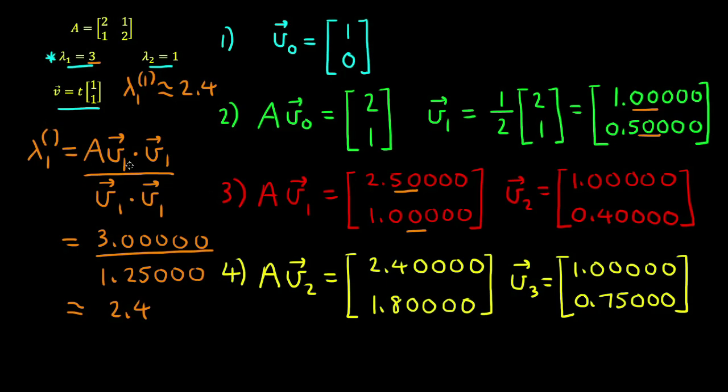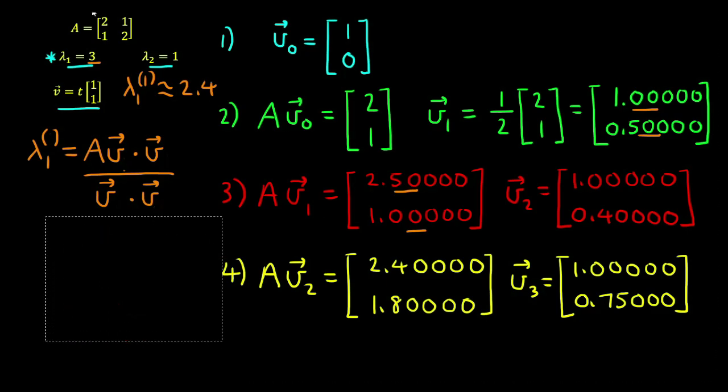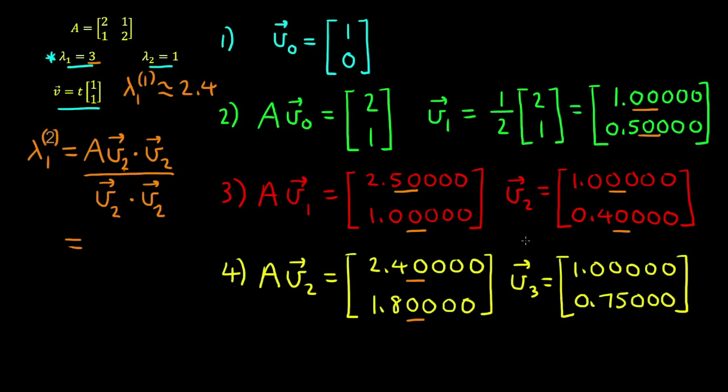And we follow the same step to get our next approximation. So that will be AV2 dot V2 on V2 dot V2. So we have 2.4 by 1 plus 1.8 by 0.4, which gives 3.12. And V2 dot V2 is 1 by 1 plus 0.4 by 0.4, which gives 1.16.